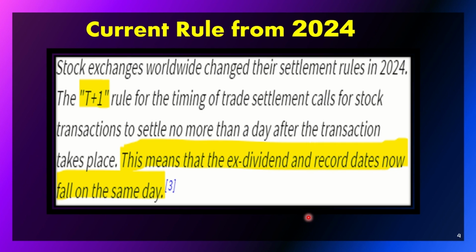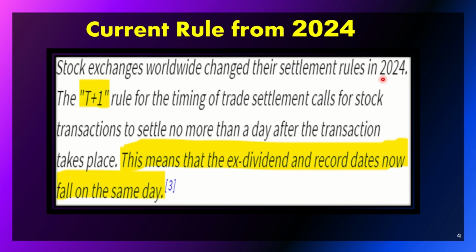Right now, the World Stock Exchange announced in 2024 a change. If you look at the 2023 and 2022 videos, the settlement duration differed by scenario, for India as well as other stock exchanges.